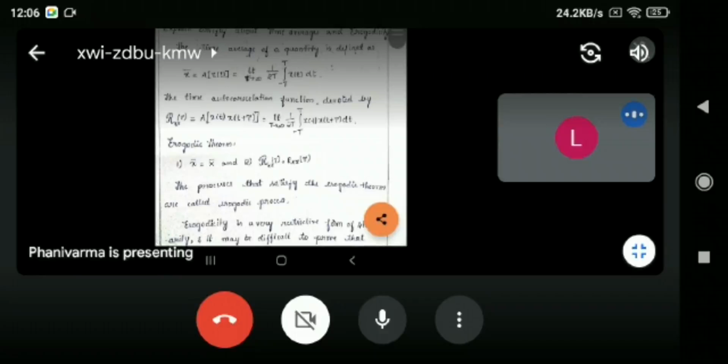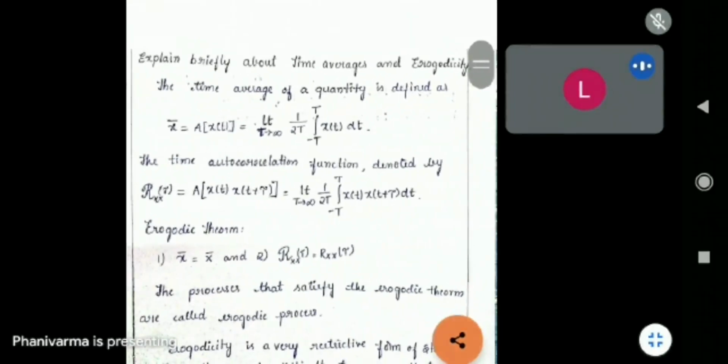In short, the time average of a quantity is defined as x bar is equal to A of x of t is equal to limit T tends to infinity 1 by 2T integral minus T to T x of t dt. This is the formula for the average quantity. The time autocorrelation function is denoted by Rxx of tau is equal to A of x of t into x of t plus tau.